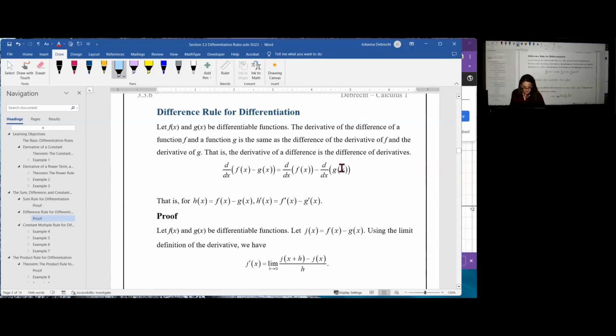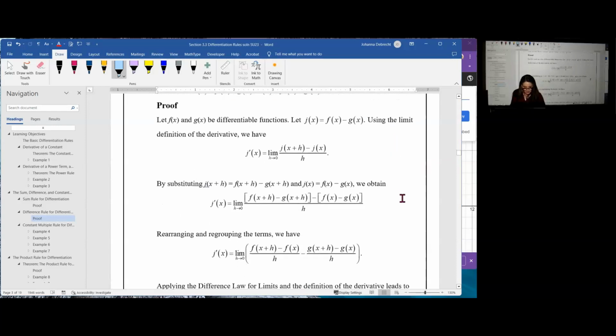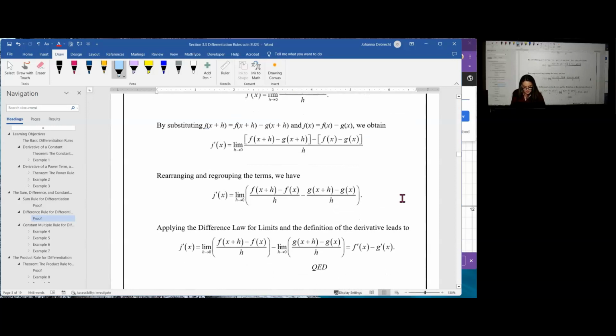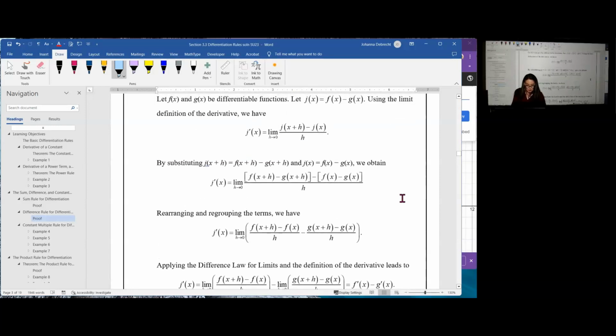And we write the definition of the derivative using j, and then we substitute in the value of j, which is f of x minus g of x. That means that we are replacing this part here with these two parts, and we're replacing this part with these two parts. Then we do a similar thing by rearranging terms.